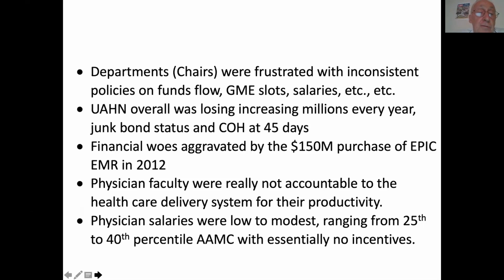So the financial woes were aggravated by UAHN's purchase for $150 million of the EPIC EMR in 2012. Physician faculty were not really accountable to the healthcare delivery system for their productivity, and physician salaries were low to modest, ranging from the 25th to the 40th percentile double AMC, with essentially no incentives.